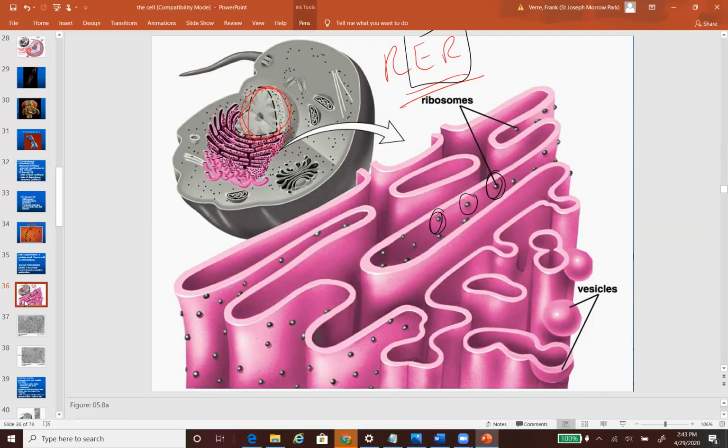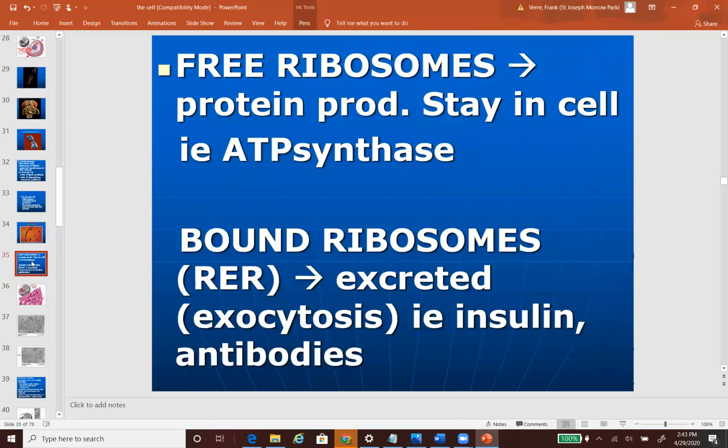They both read the recipe and convert it into a protein. The difference is what they do after they've made the protein. If a free ribosome makes a protein by reading the instructions, that protein will stay in the cell. It doesn't leave. Like hemoglobin doesn't leave the red blood cell.